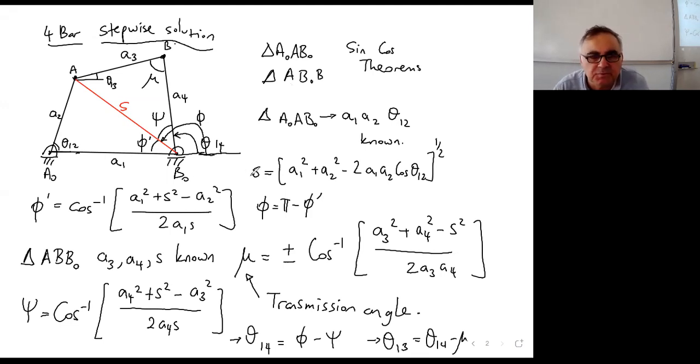We first solve for S, then phi prime, then phi, then mu, then psi, and then theta 1,4 and theta 1,3. This is how, well, it's quite easy to computerize the position analysis technique for the four-bar mechanism. Okay.